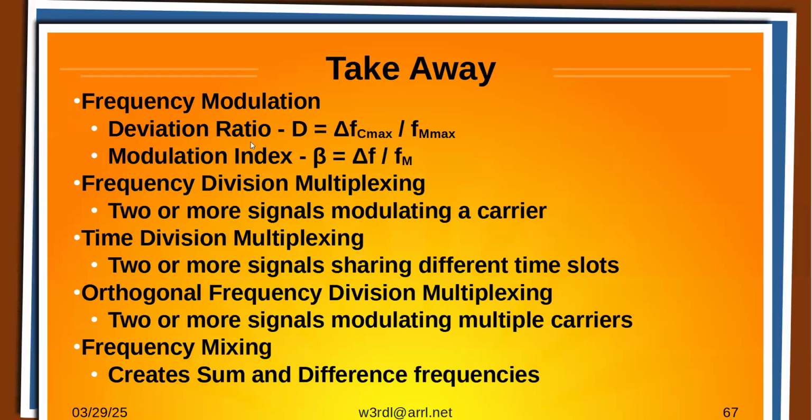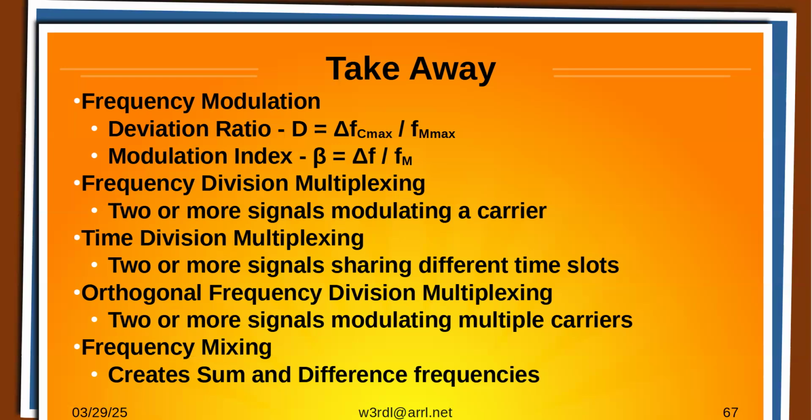Okay, so we talked about these very confusing deviation ratio and modulation index, which the only way I can kind of remember the difference is that in one case it's the max deviation in frequency, versus the other, they just don't call it max, so I'm still confused with them. Frequency division multiplexing is getting two or more signals modulating a carrier at different output frequencies.